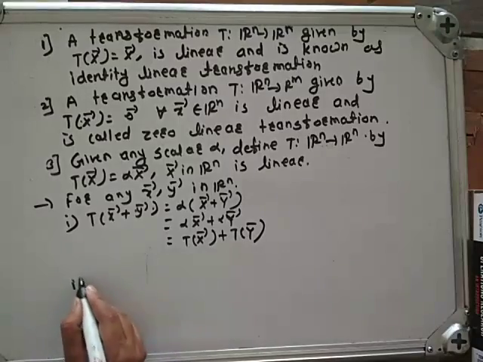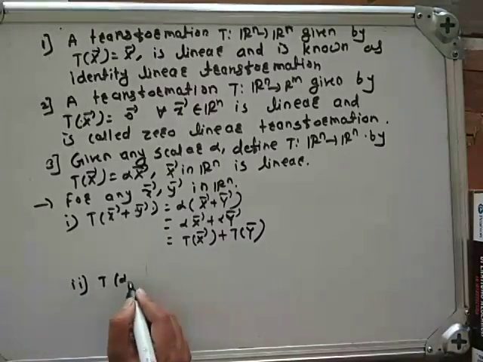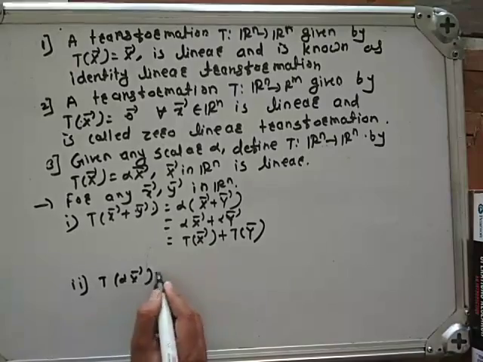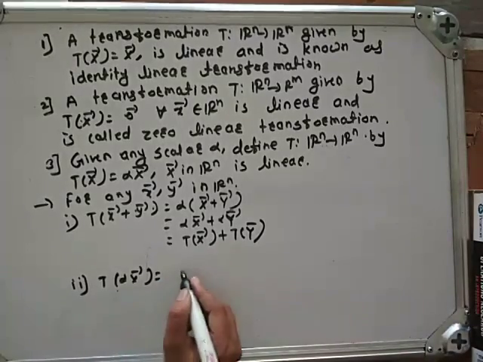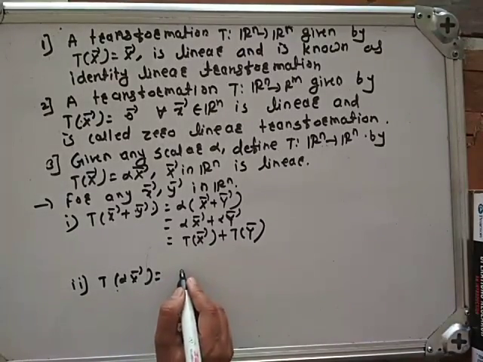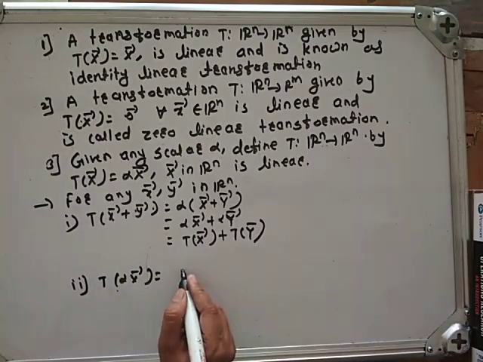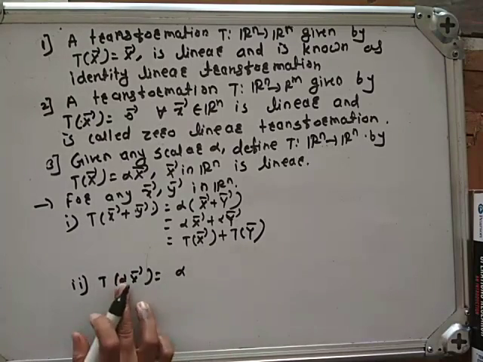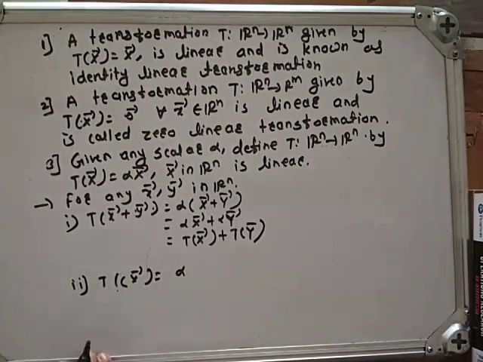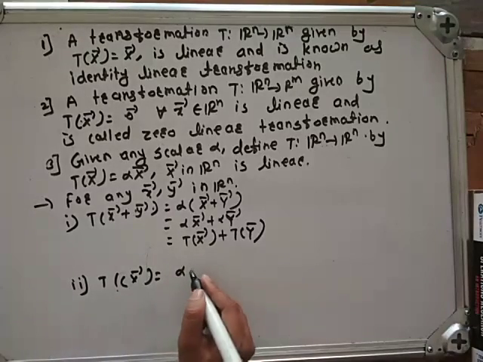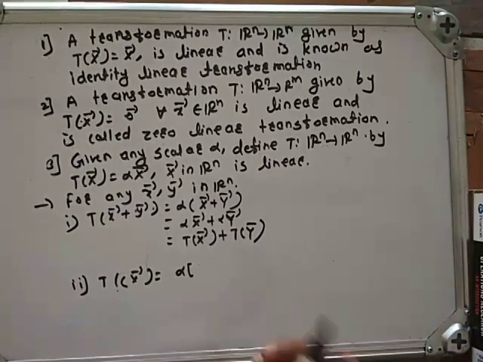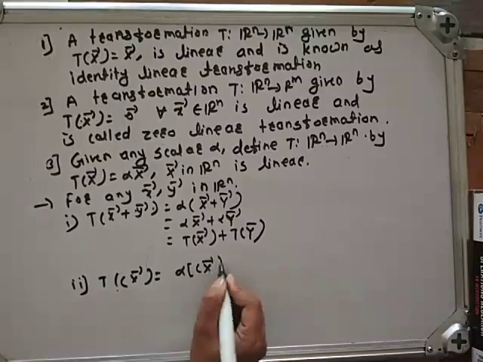For second property, consider T of alpha into x bar. Suppose here we take c into x bar. So here you will get alpha into c into x bar.